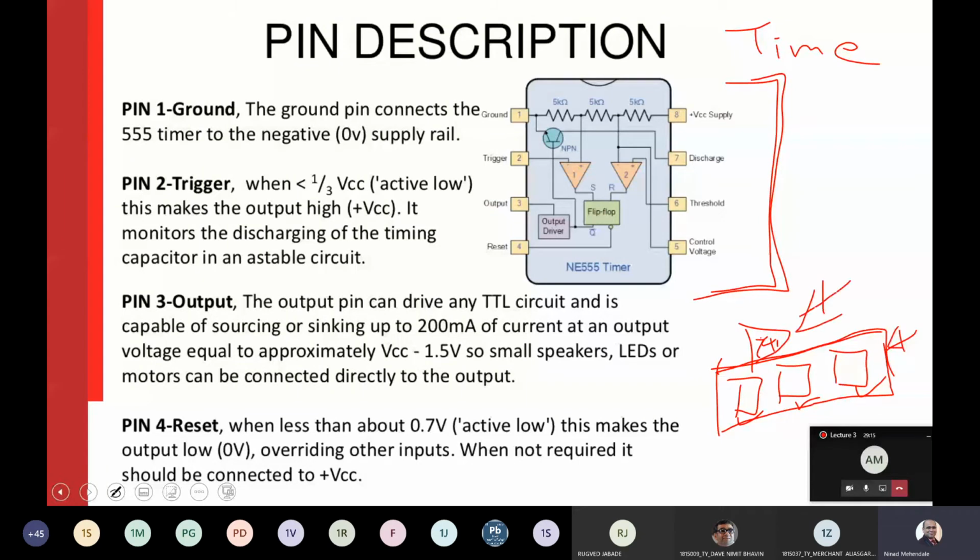Then I started 741. Again, I have to leave this topic in half because next week's experiment will be timers. Even today's batch will perform the timer experiment. That's why I'm teaching timer first.